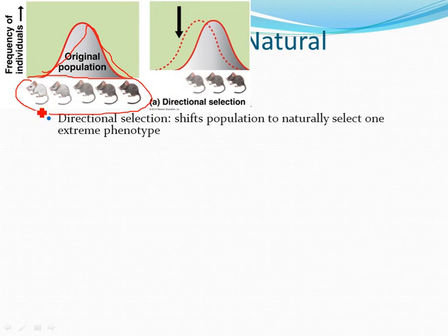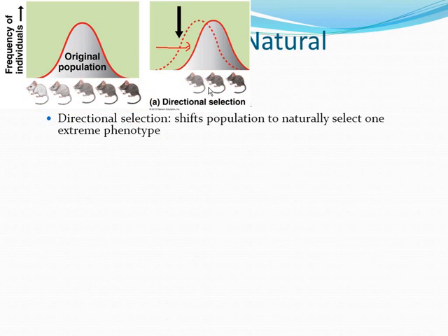And when one is naturally selected over another, it ends up eliminating the extremes here. So there's less here. This directional selection shifts this curve to the right so that it tends to have more of the darker fur ones while less of the lighter ones.